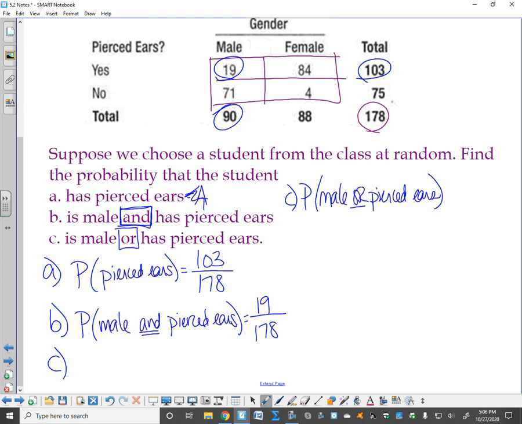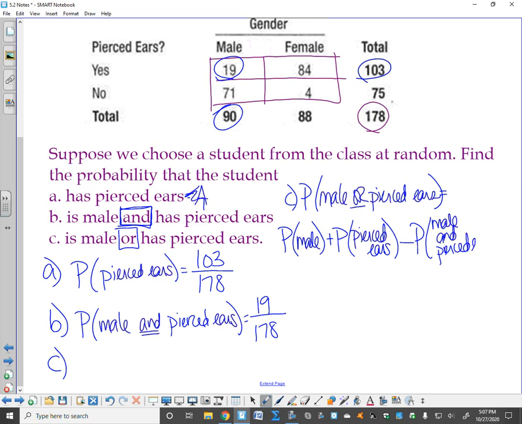So here's what we're going to do. This equals the probability that you're male plus the probability that you're pierced minus the probability that you're male and pierced. Some of you are thinking, but if we subtract them out, they're not counted at all. Remember, those 19 people are in the 90, and those 19 people are also in the 103.